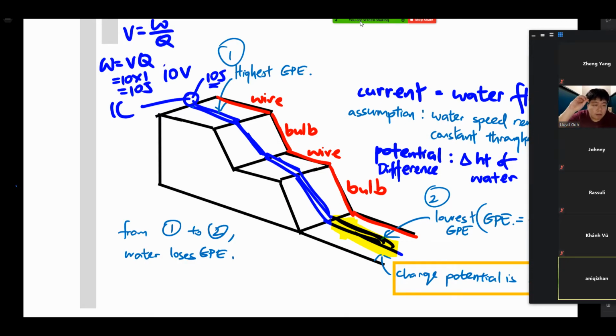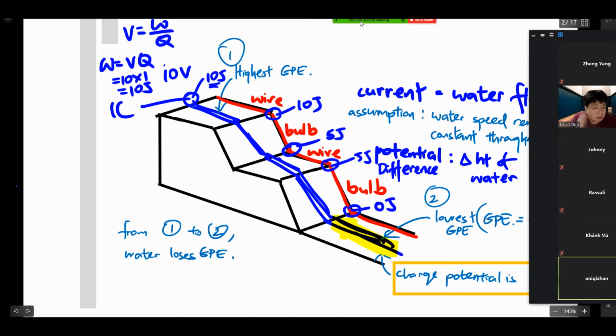So from 10 joules, maybe it becomes 5 joules, and it continues flowing along the wire. Then as it goes through another light bulb, it becomes 0 joules. And that's the idea of volts.